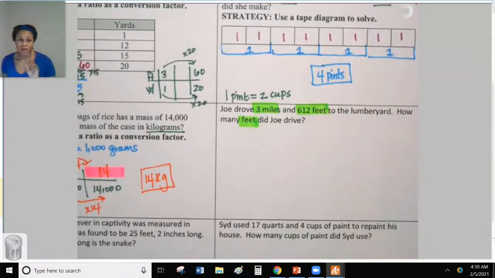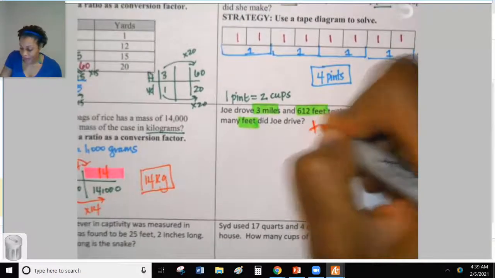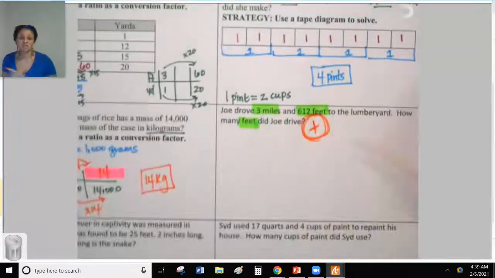Okay, so they gave us 1 part in miles and they gave us 1 part in feet. Okay, but we want them all in feet. So we're going to have to take the 3 miles and convert it to feet. But when we have a problem like this, you have to remember to add in the 612.